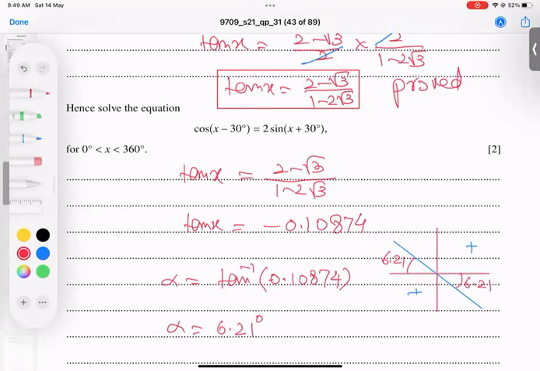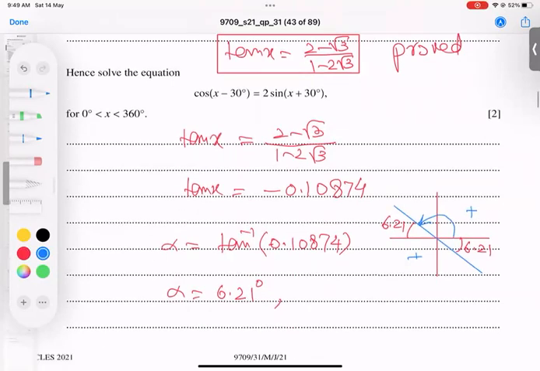Now I'll complete it, because we know very well. The first answer, if you check it, starts from the positive x-axis to this one. So I just erase this dot. And this first answer is coming what?